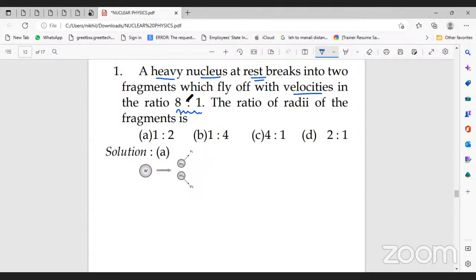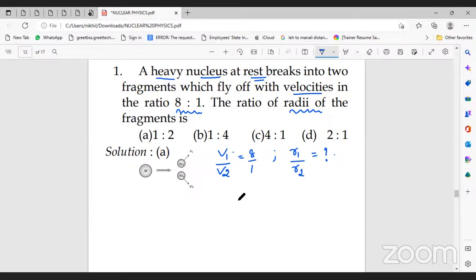What is the velocity ratio? V1 by V2 is 8/1. Now they are expecting you to find the ratio of the radii, that is R1 by R2.